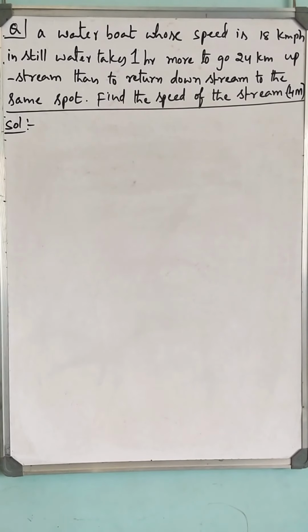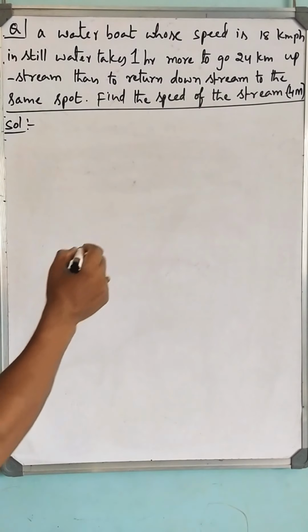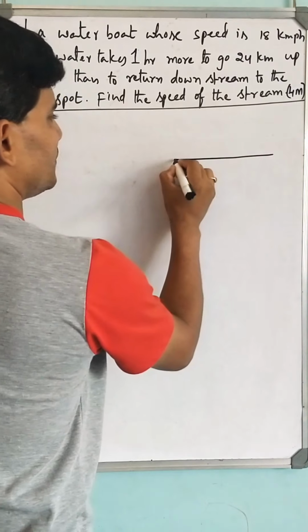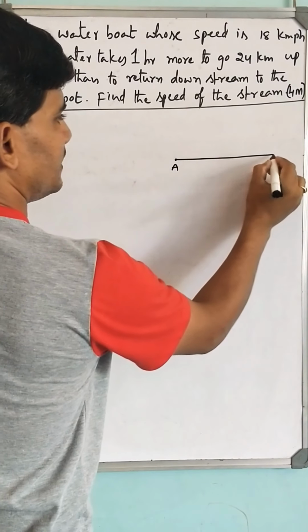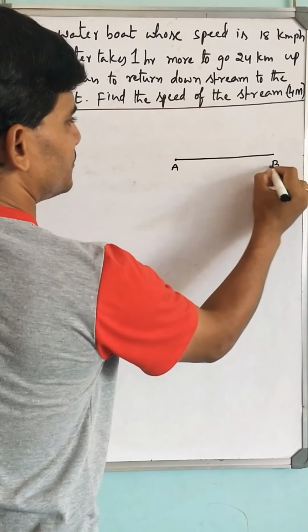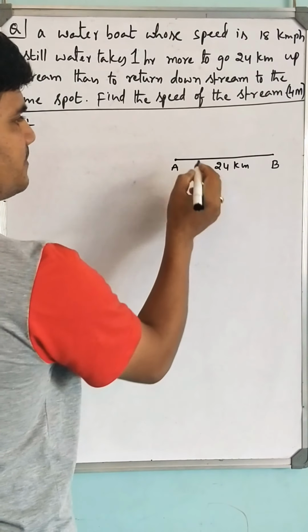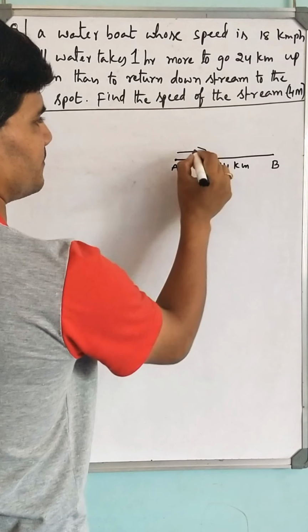See, let us understand the problem first. A water boat is traveling 24 kilometers, let it be from A to B. And let us imagine this is downstream.